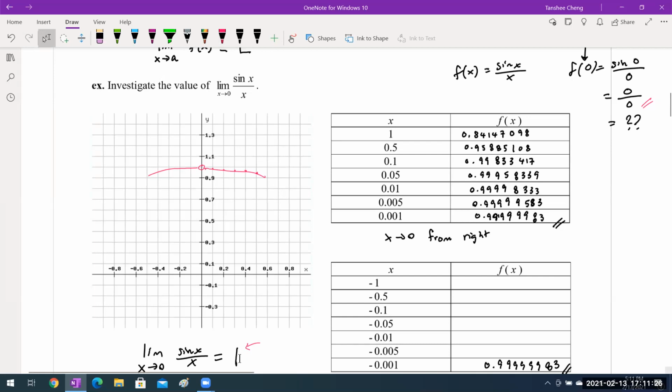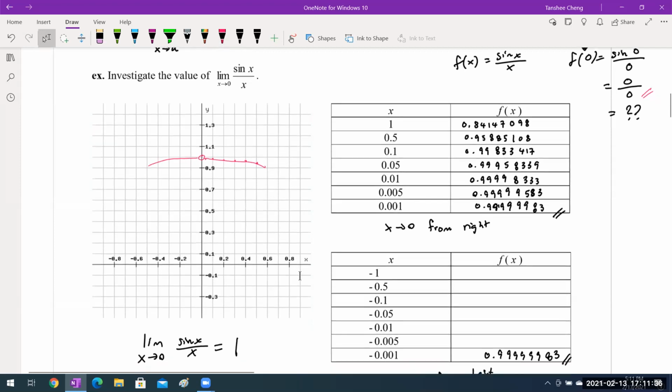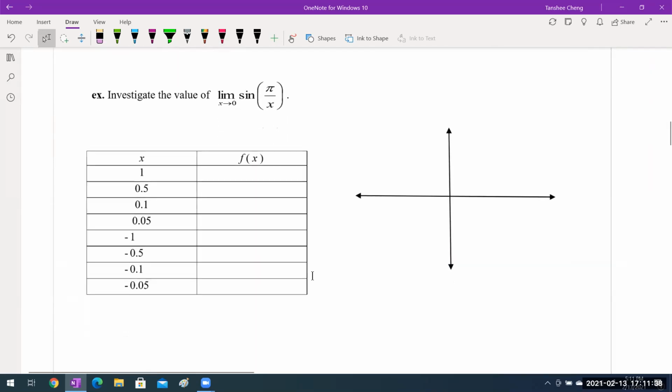From these two problems, we get an idea of the difference between the limit value and the function value. Now let's take a look at the next example: the limit as x approaches 0 of sine of pi over x.